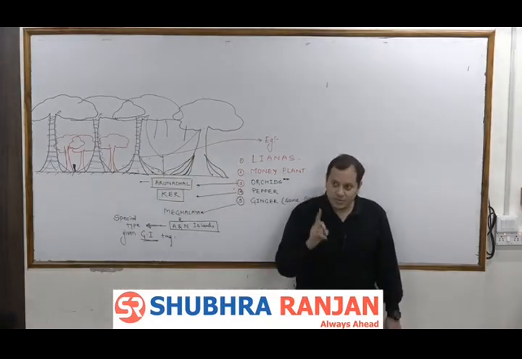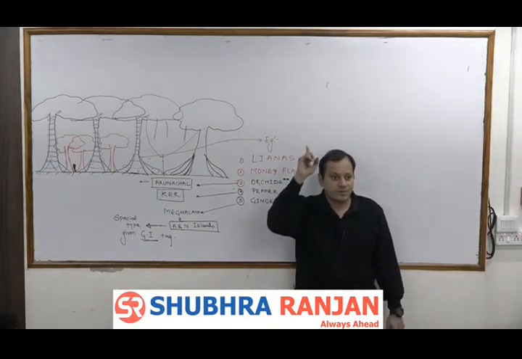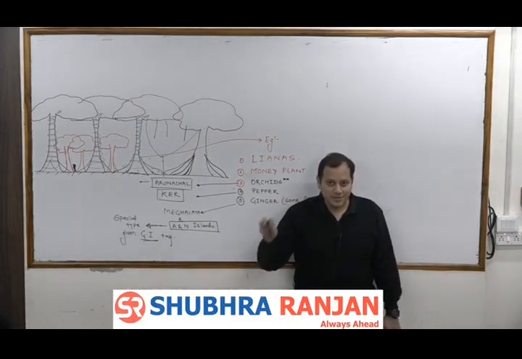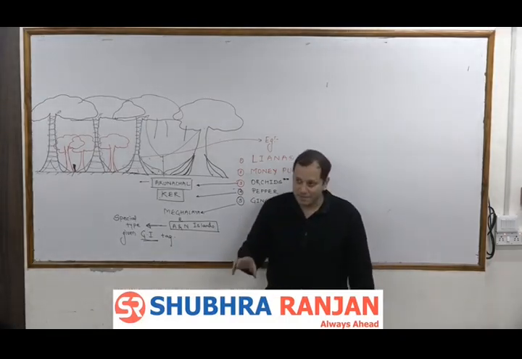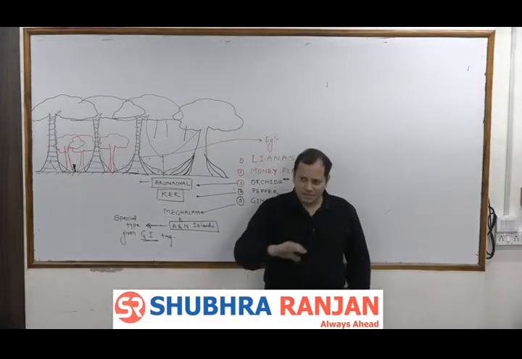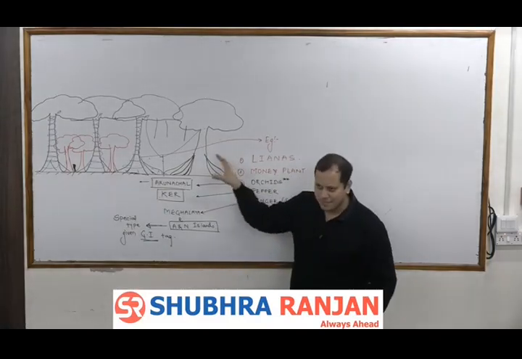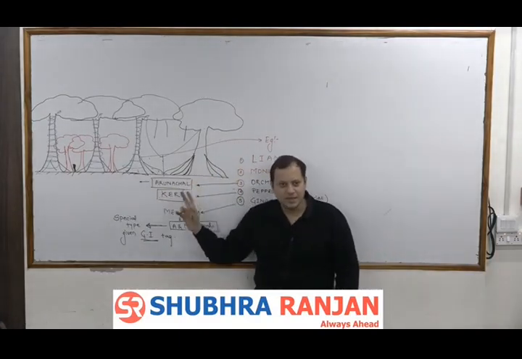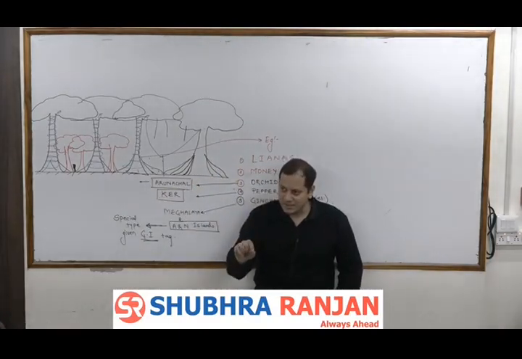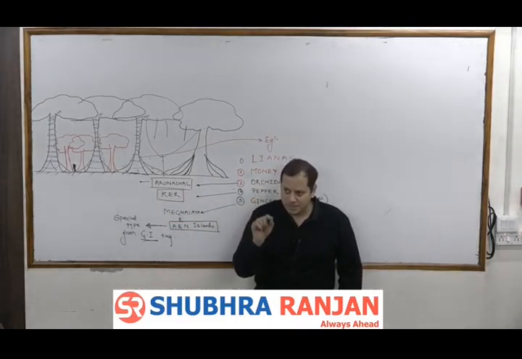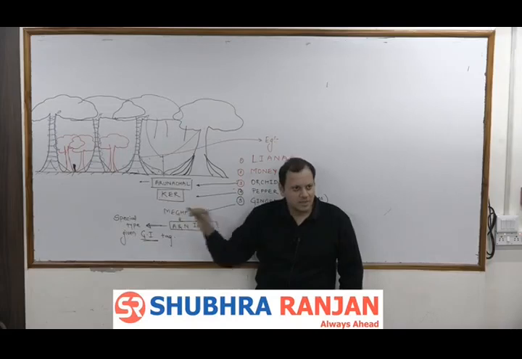The only way to survive in this region is stay on the top of a tree, whether it is human beings or monkeys. So this is the land of monkeys. The maximum different types of monkeys, orangutans, gorilla, chimpanzee, सब तुम्हें यहीं मिलेंगे, and even the normal monkeys, even langur you will find here. If the human beings are staying in this region, they will have to stay on the top of tree.